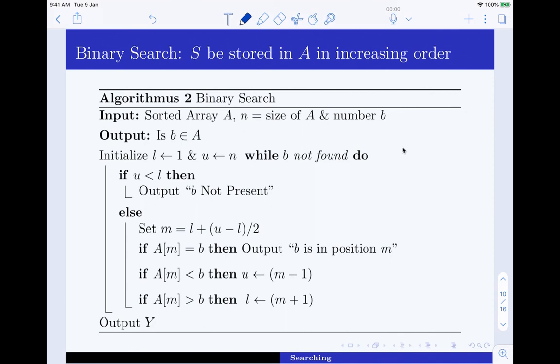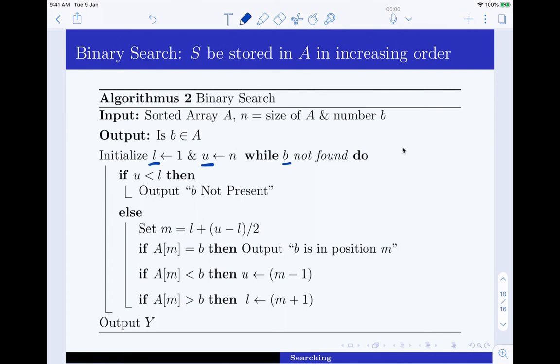Note that there are two pointers, L and U. L points to the lower end of the indices and U points to the upper end of the indices, and it checks whether the element is there in between these two. You always ensure that the element B is between U and L.